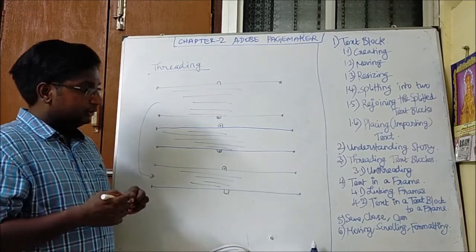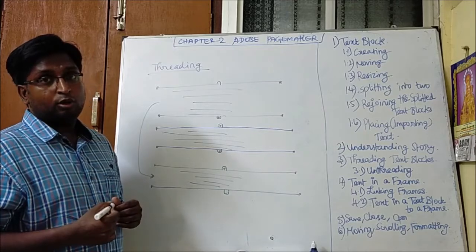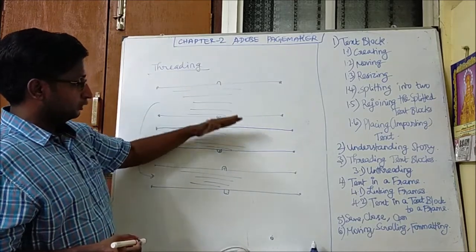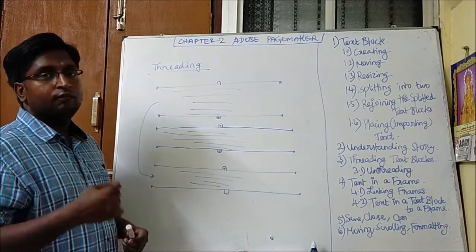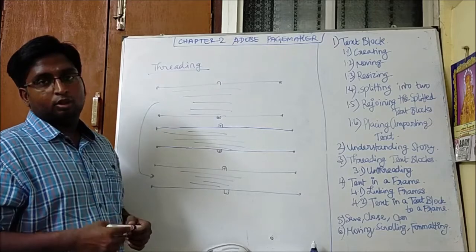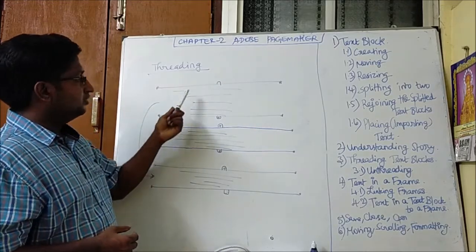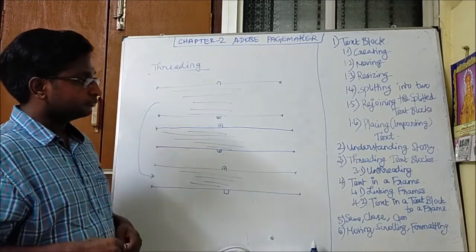So this is the thing we have to focus on while unthreading the text block, because the text flows in all the three text blocks. So we have to keep in mind whether we are unthreading the correct thread block. So this is the major point we have to have in mind while unthreading.